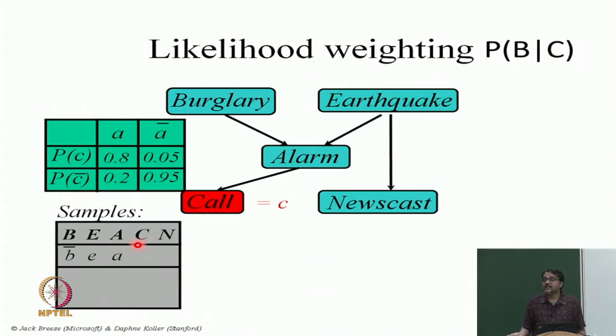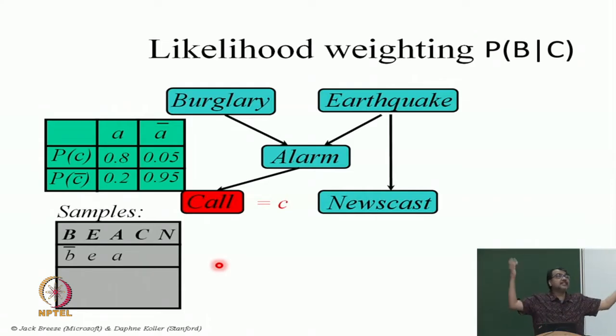We do not want to reject anything, we want C to be true. Now, tell me in what fraction of the cases will it be true and in what fraction of the cases will it be false? In 0.8 fraction of the cases it is going to be true, and in 0.2 fraction of the cases it is going to be false.